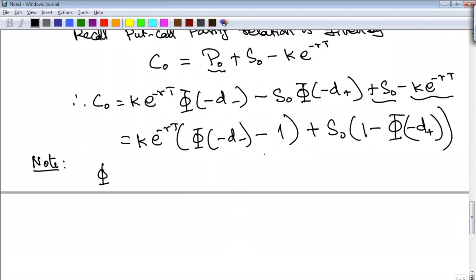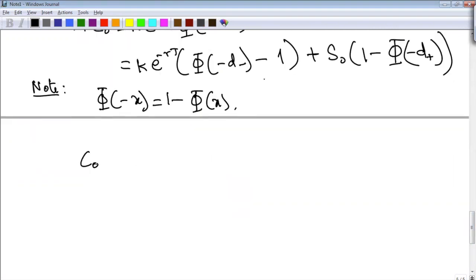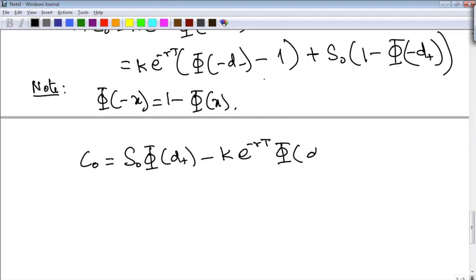Now note that Φ of minus x is equal to 1 minus Φ of x, and if you use that, you will get the required formula as C_0 is equal to S_0 into Φ of d plus minus K e^{minus rT} Φ of d minus.